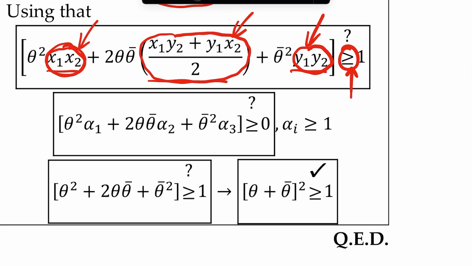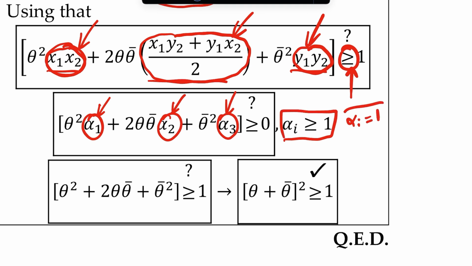We can even simplify it if we want, and let's call them alpha 1, alpha 2, and alpha 3. Let's look at the situation when alpha i is 1. What would that give us? It would give us this. And oh my god, this is very interesting. Why?